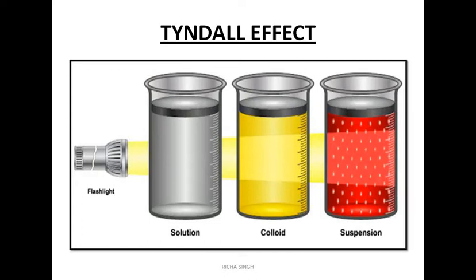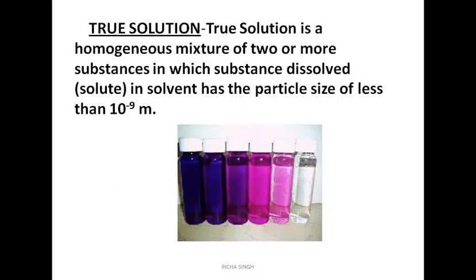This scattering of light by the particles of solute is called Tyndall effect. So with this activity, we can infer that Tyndall effect is shown by colloids and suspension and true solution does not show Tyndall effect. Now we will be dealing in detail with true solution.